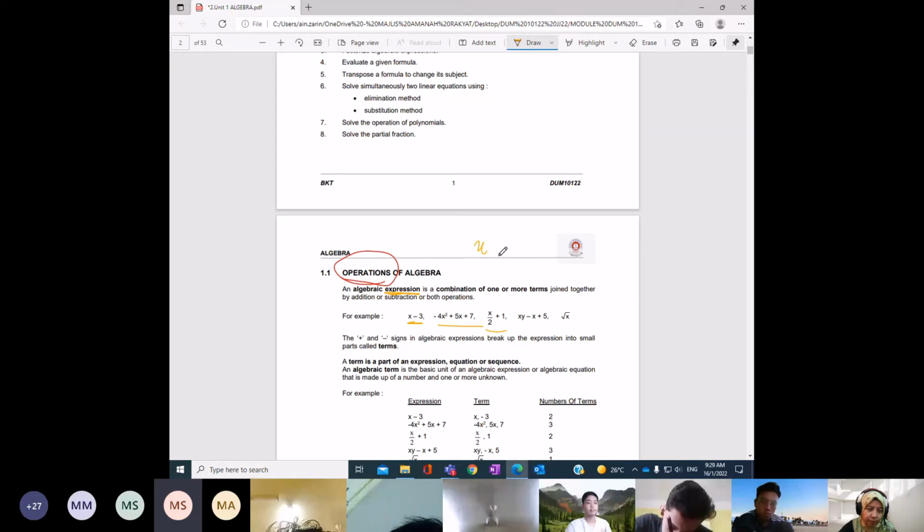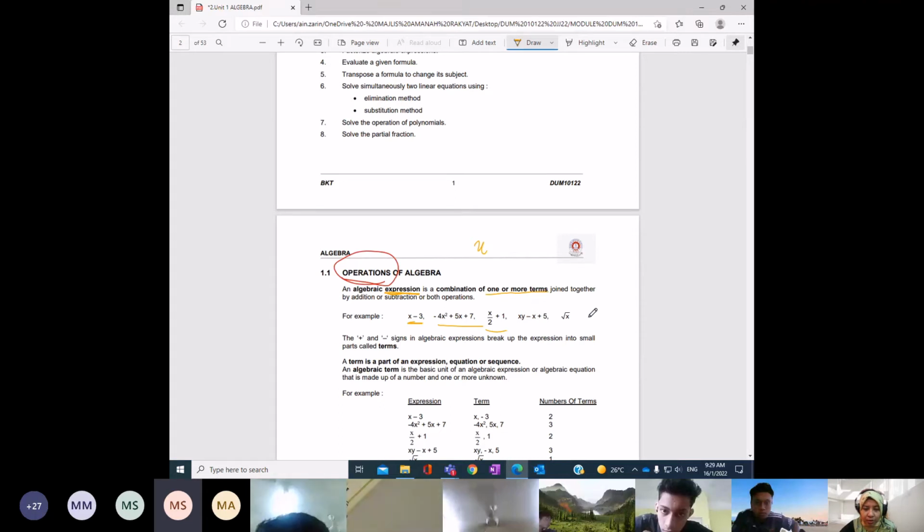Yang ni dah panggil one term. Let's say you combine the term into X minus 3. So this is what we call an algebraic expression. So algebraic expression meaning is the combination of one or more terms.